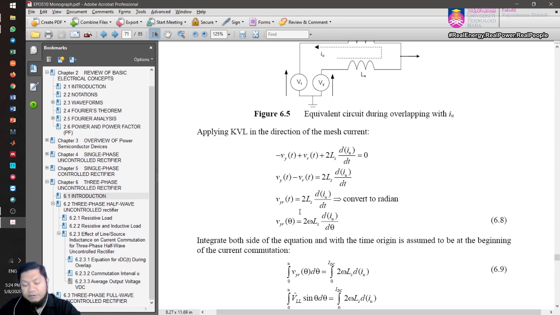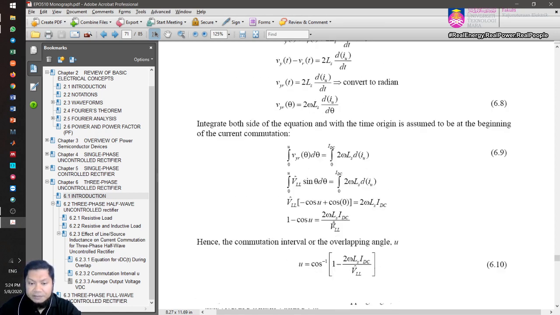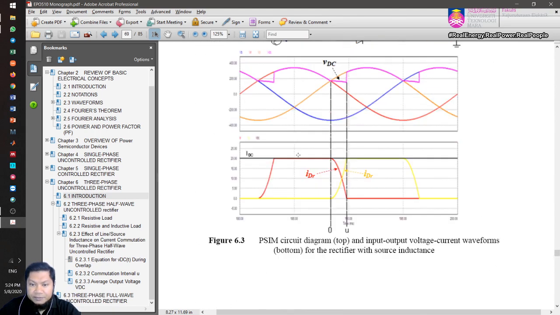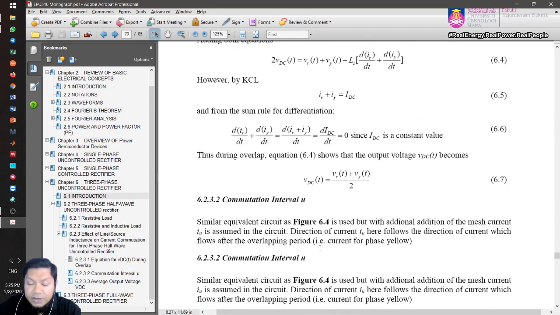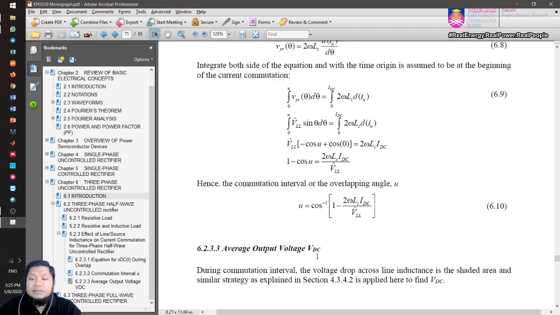I think we have done this before. So diu over d theta, and then you integrate both sides, with the time origin assumed at the beginning of the current, so the limit is from 0 to u, but for the current, we start from 0 to IDC. So the limit is 0 to IDC. If you look at the limits again, it becomes that.